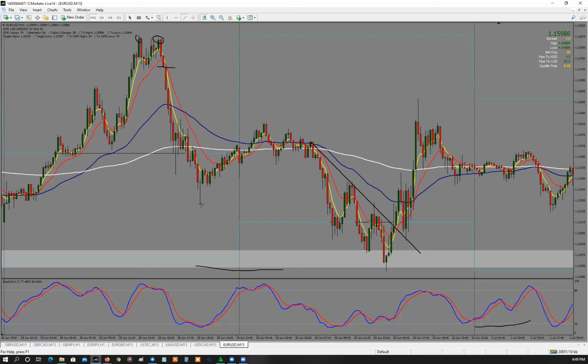Now your ID 50. What type of entry confirmation do we have here? At the top there.